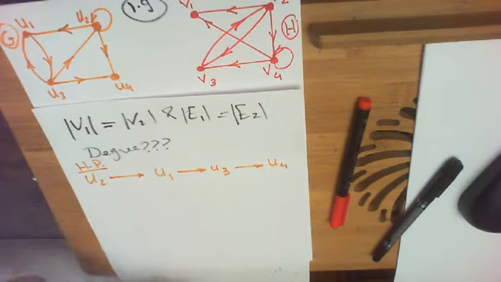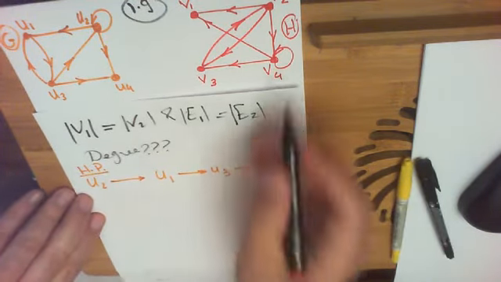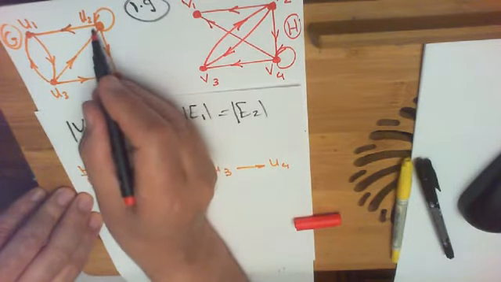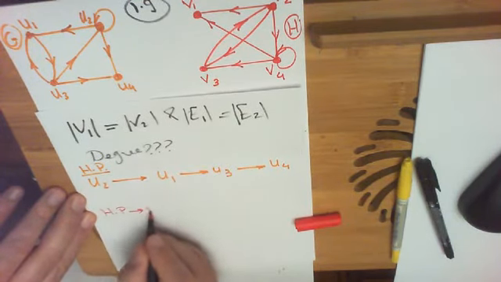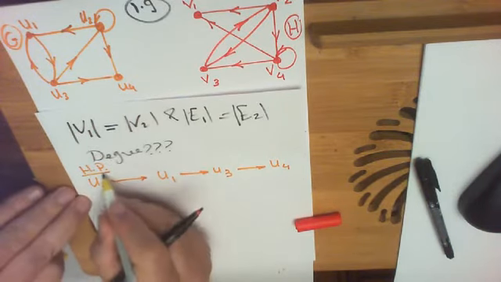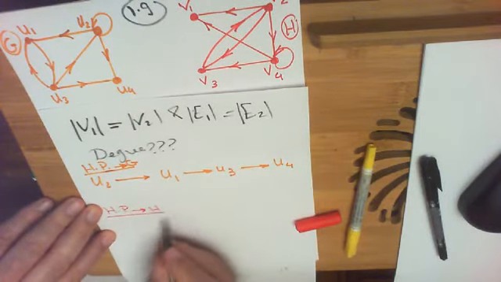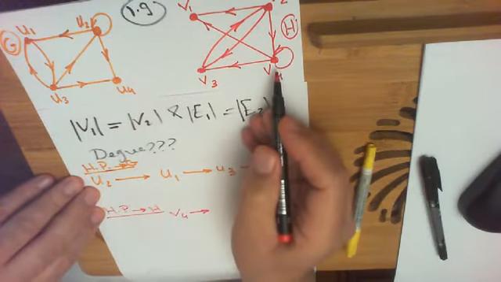What about the Hamilton path for graph H? Again, we start from a similar vertex to U2, which is V4.